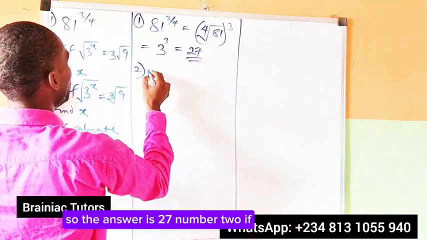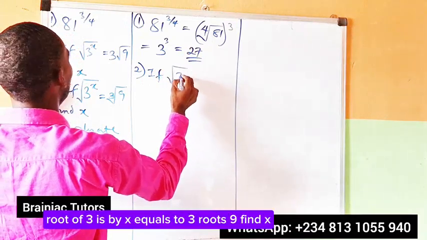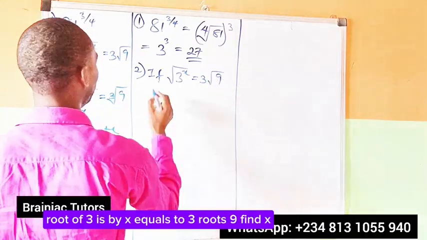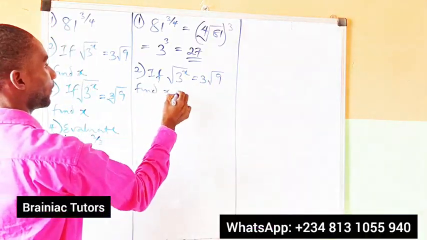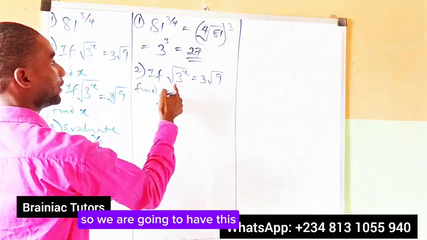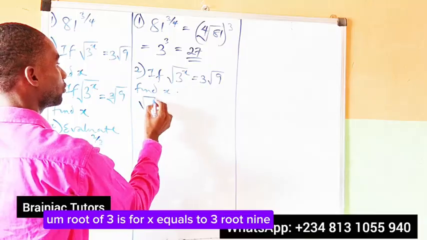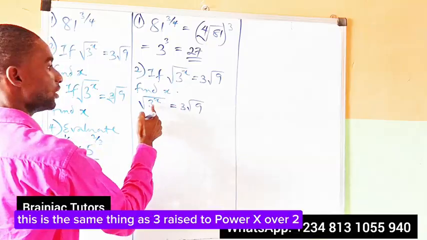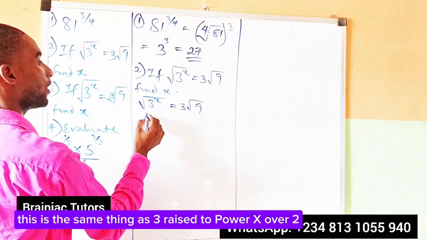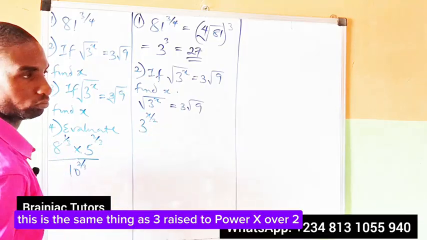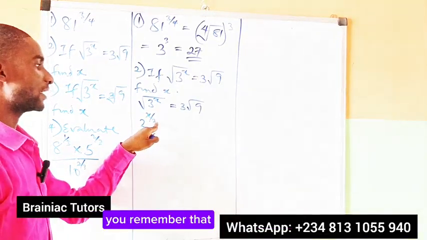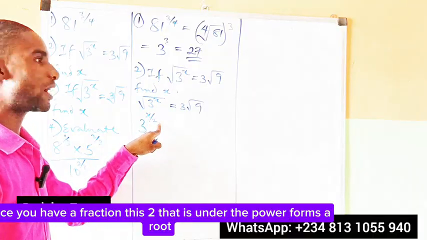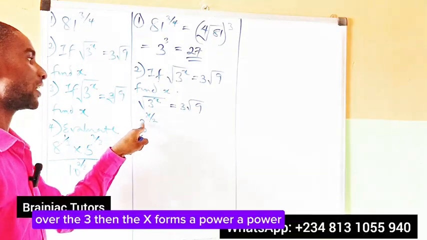Number 2. If root of 3 raised to power x equals 3 root 9, find x. So we are going to have this root of 3 raised to power x equals 3 root 9. This is the same thing as 3 raised to power x over 2. You remember that once you have a fraction, this 2 that is under the power forms a root over the 3.